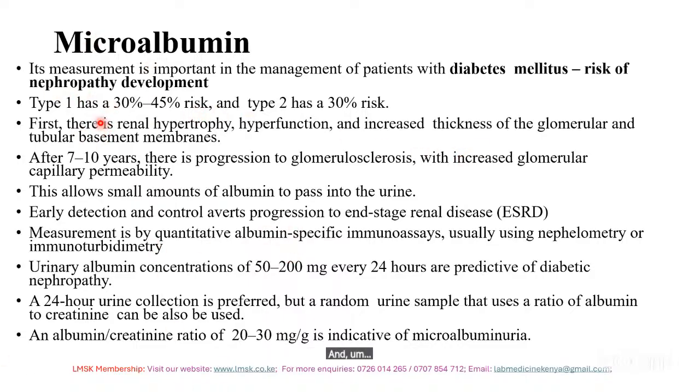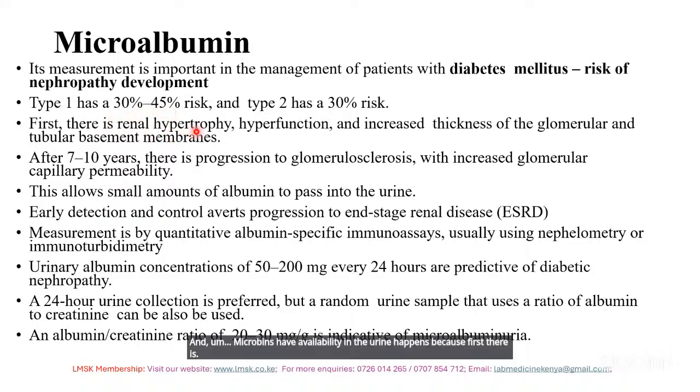Microalbumin's availability in the urine happens because first there is renal hypertrophy, then hyperfunction, an increased thickness of the glomerular tubular basement membrane. Then after 7 to 10 years, a long time, there is progression to glomerulosclerosis with increased glomerular capillary permeability.